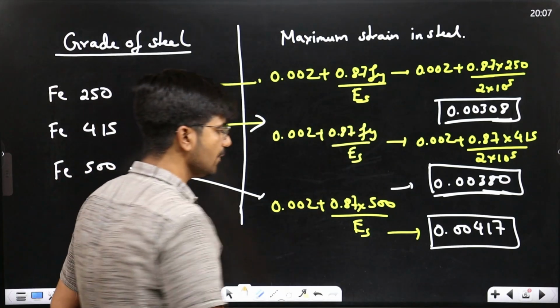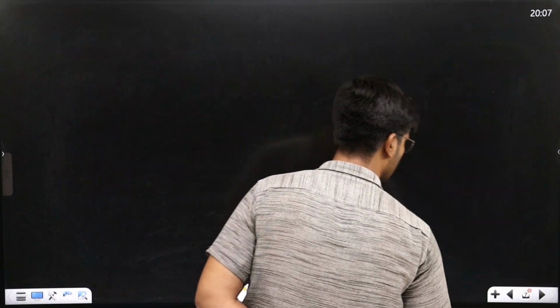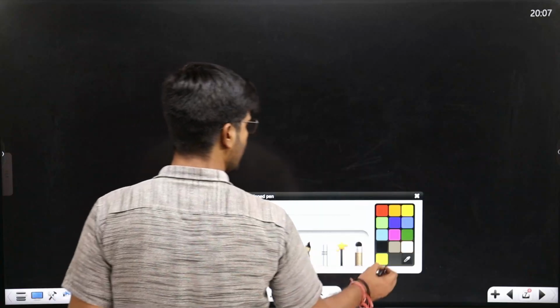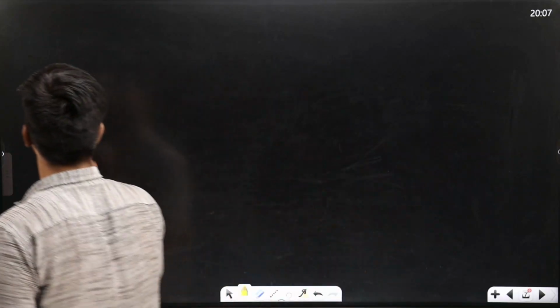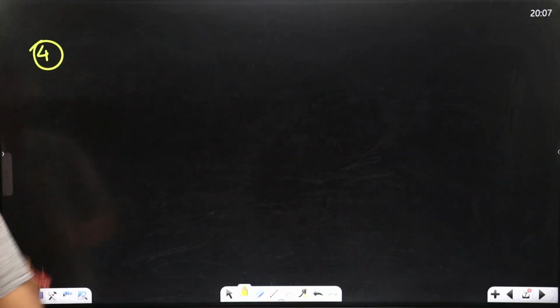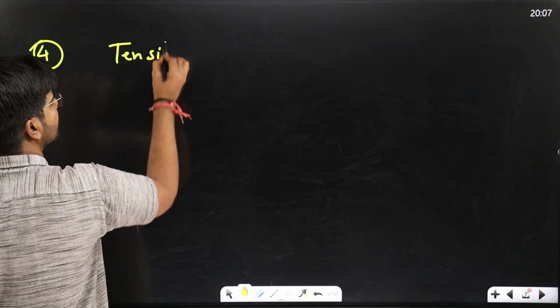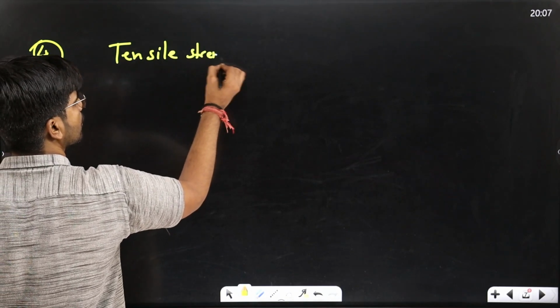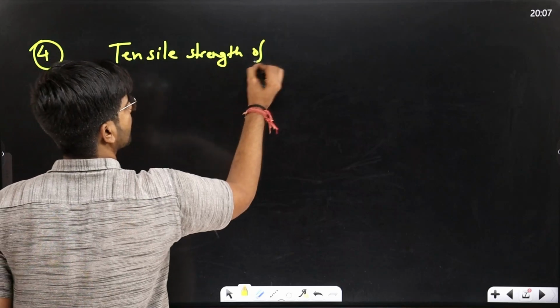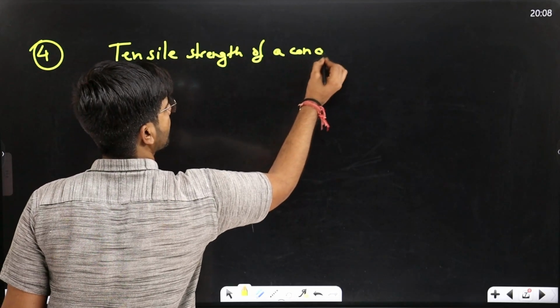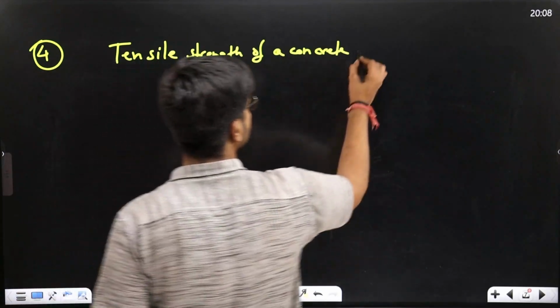Now, this is your third assumption. Fourth assumption: what is the fourth assumption? Tensile strength of concrete is ignored.